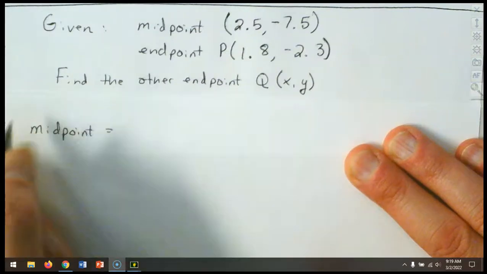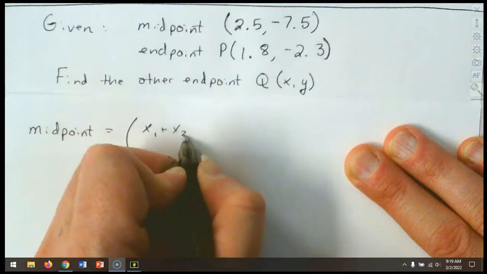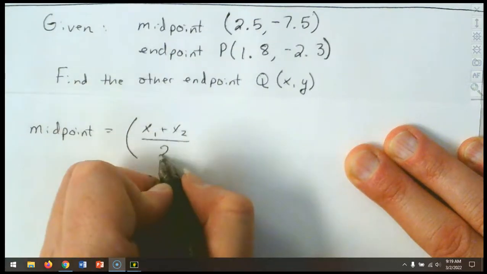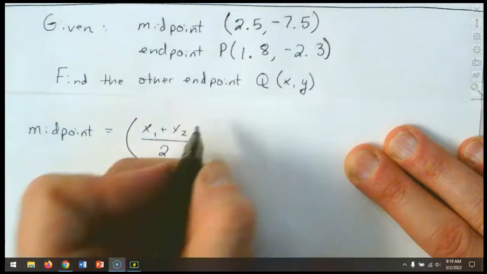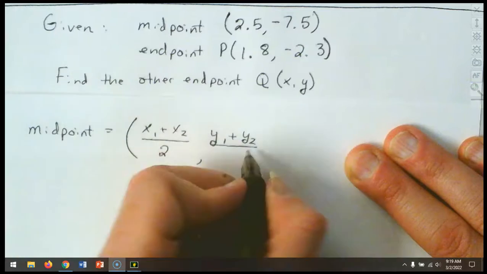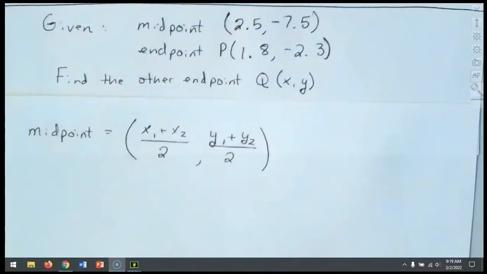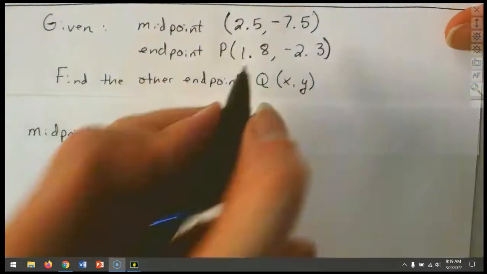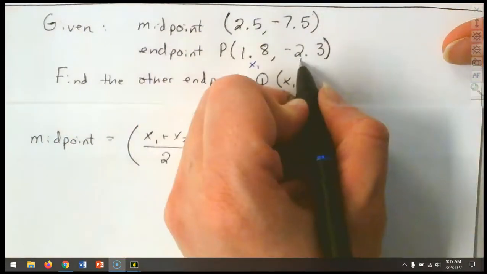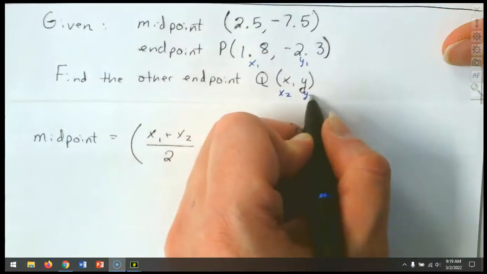And our midpoint formula is x1 plus x2 divided by 2, comma, y1 plus y2 over 2. Label your endpoints here. P is always x1, y1. Q is x2, y2.